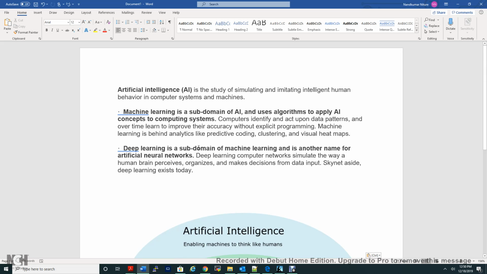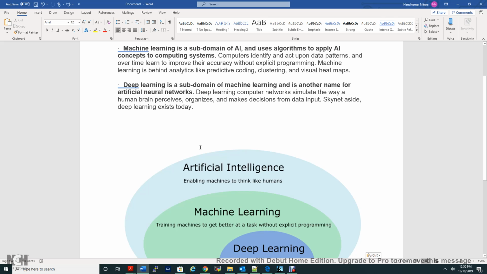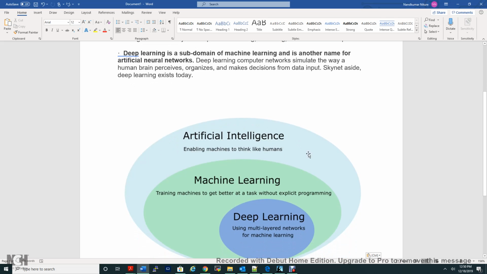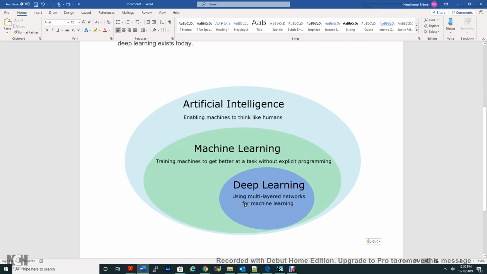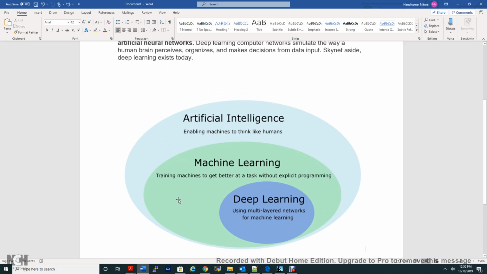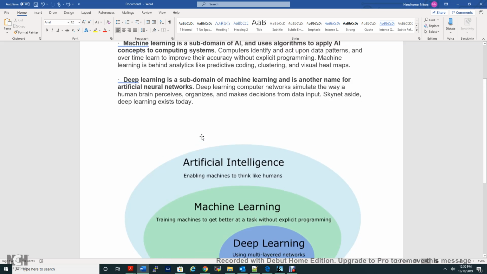Machine learning is a subdomain of AI, using algorithms to apply AI concepts in computing systems. Deep learning is a subdomain of machine learning. So artificial intelligence is a big umbrella, and machine learning trains the machine to perform tasks better without explicit programming, and then in deep learning we use multi-layered networks. That is the major difference.